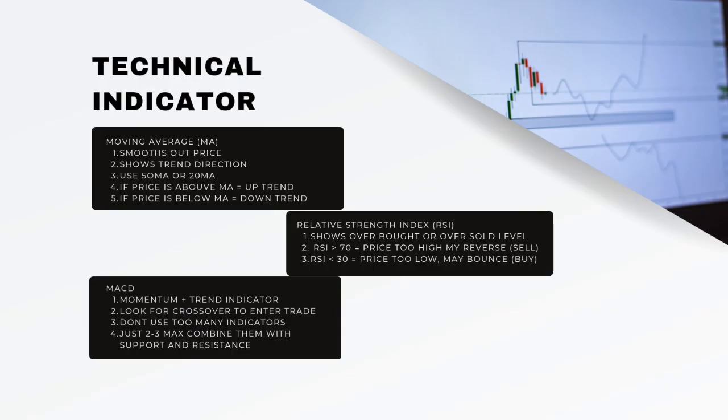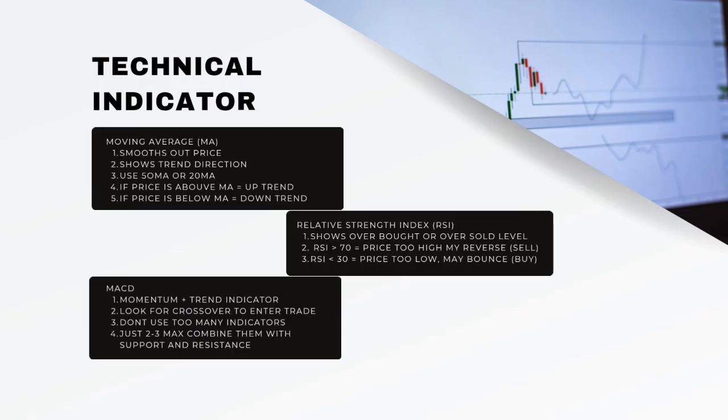So when you look at the moving average, smooth, no stress. It shows trend direction. You can use 50 moving average or 200 moving average. If price is above the MA, it is uptrend.